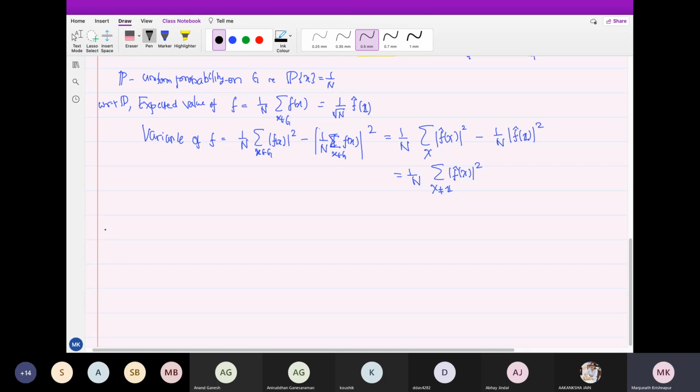So, the duality. I want to get to Fourier inversion, but first I have to understand what G hat is. G is now a finite abelian group, N is the cardinality of G, and G hat is the set of characters.